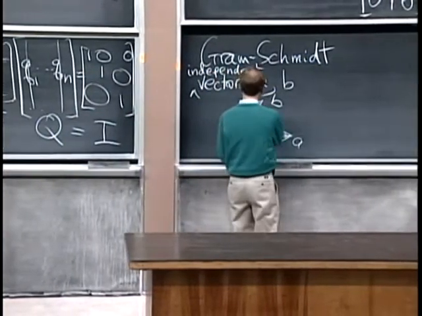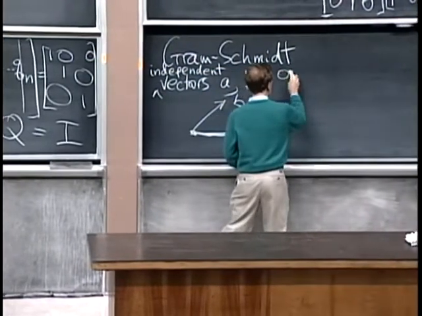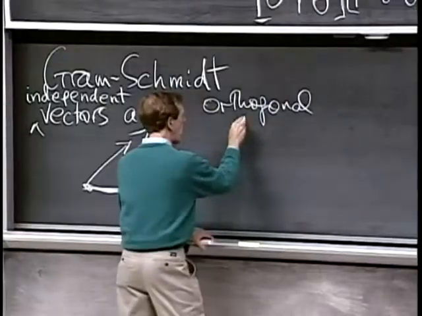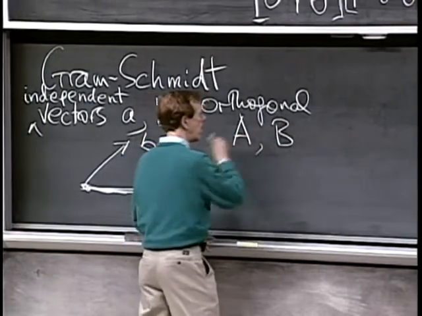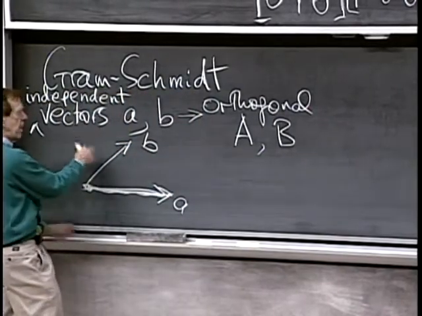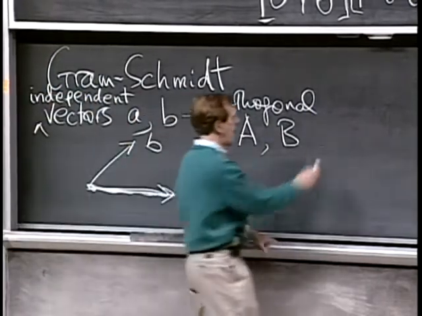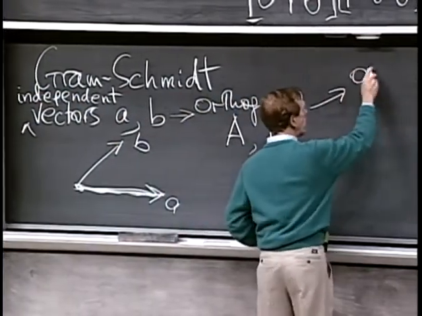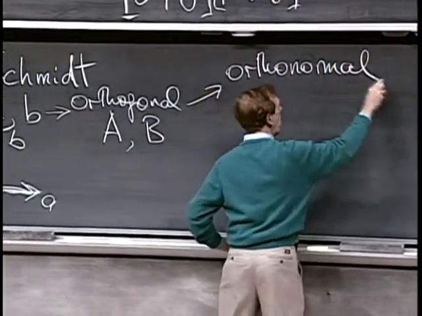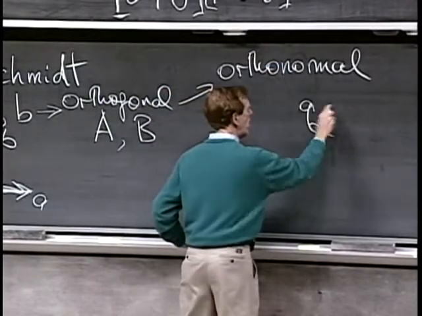My goal is to get orthogonal vectors, and I'll call those capital A and B. So that's the key step, to get from any two vectors to two orthogonal vectors. And then, at the end, no problem, I'll get orthonormal vectors. Those will be my Q's, Q1 and Q2. And what will they be?